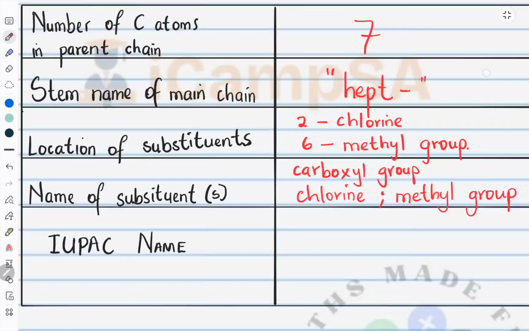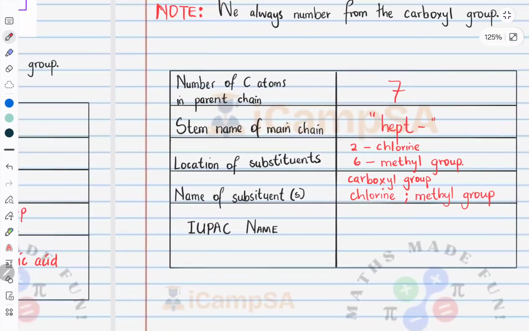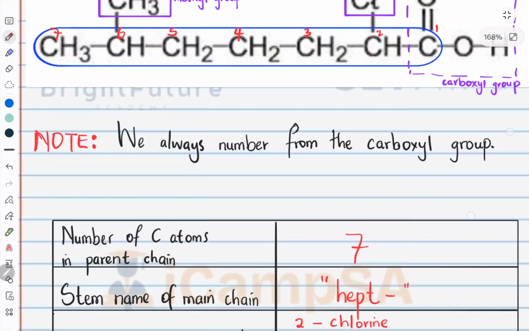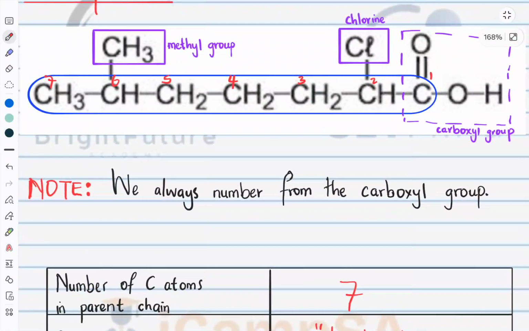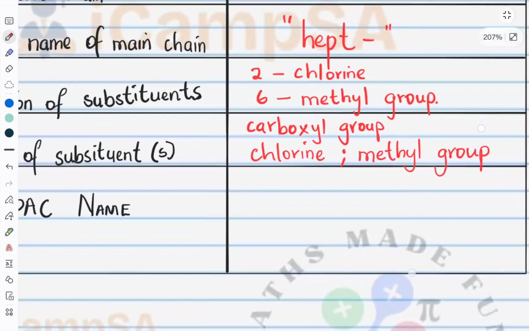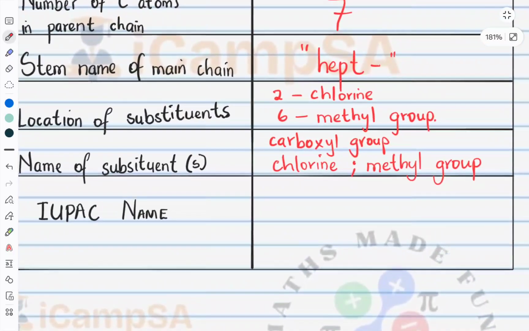Now let's go to the IUPAC name. Okay, so remember now alphabetic order is important here. Chlorine comes before methyl in the IUPAC naming. Why? Because the letter C, which is the first letter of the word chlorine, comes before the letter M in the alphabet. Right, so let's do that. What's the location of chlorine? It's 2.